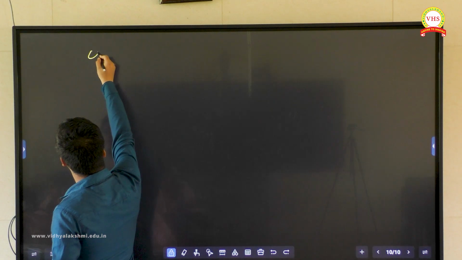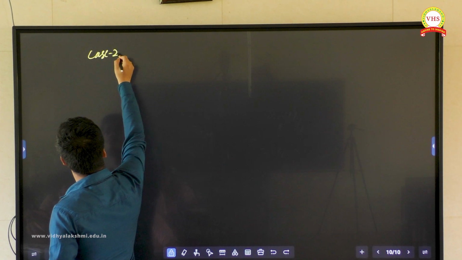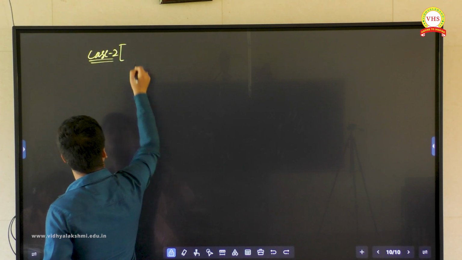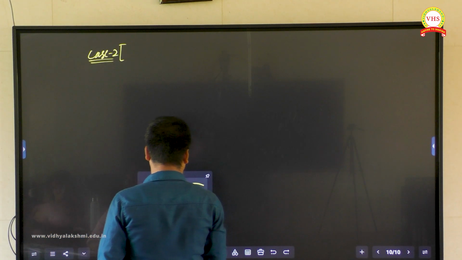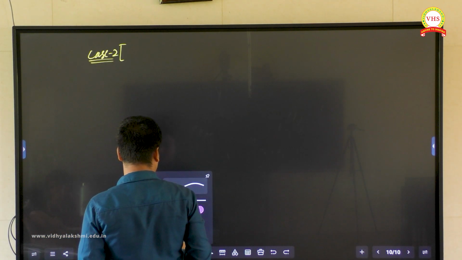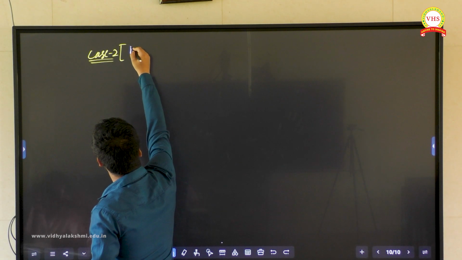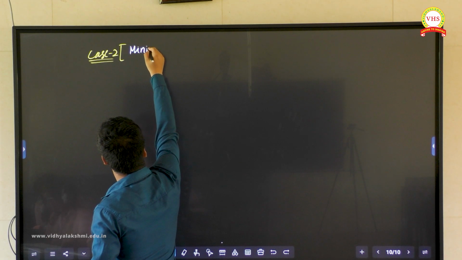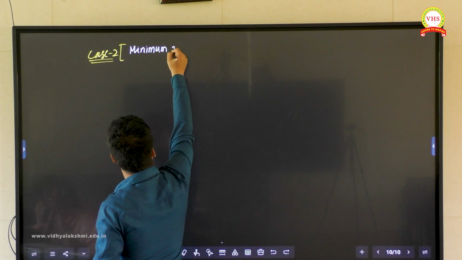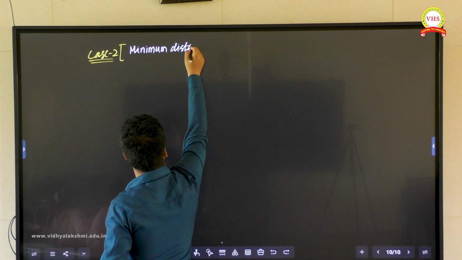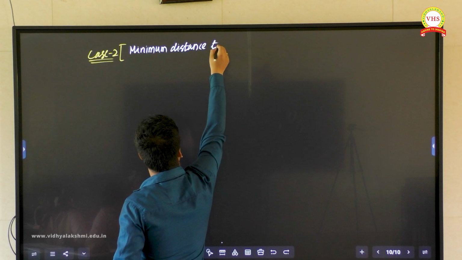Case 2, everyone see. Case 2: minimum distance to cross the river.